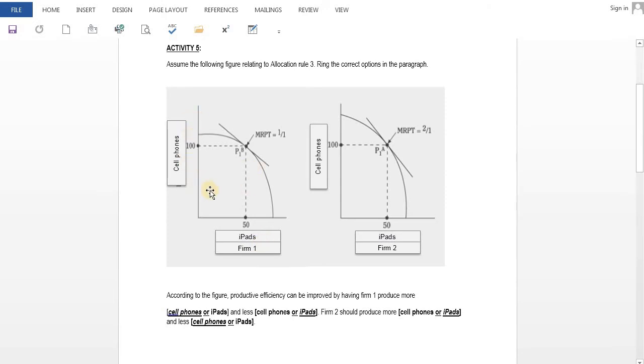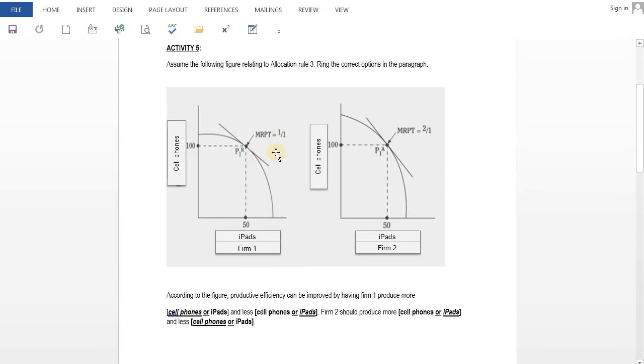This firm is producing two goods, and therefore we are utilizing allocation rule 3 to determine which product the firm is efficient in and which product the firm has to specialize in, given its powers of production. So the MRPT is 1:1 for this particular firm. What does it mean?